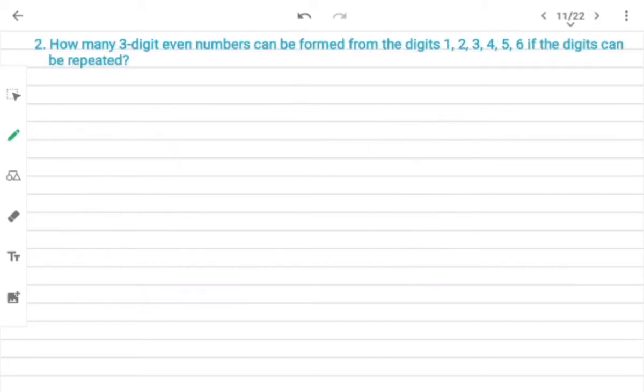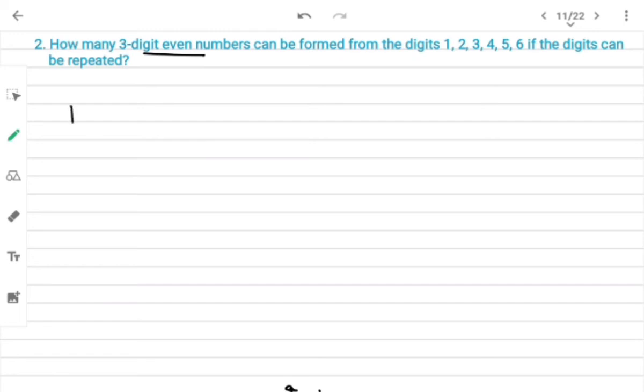Next, question number 2. How many 3-digit even numbers can be formed from the digits 1, 2, 3, 4, 5, 6, if the digits can be repeated? Here the digits can be repeated.